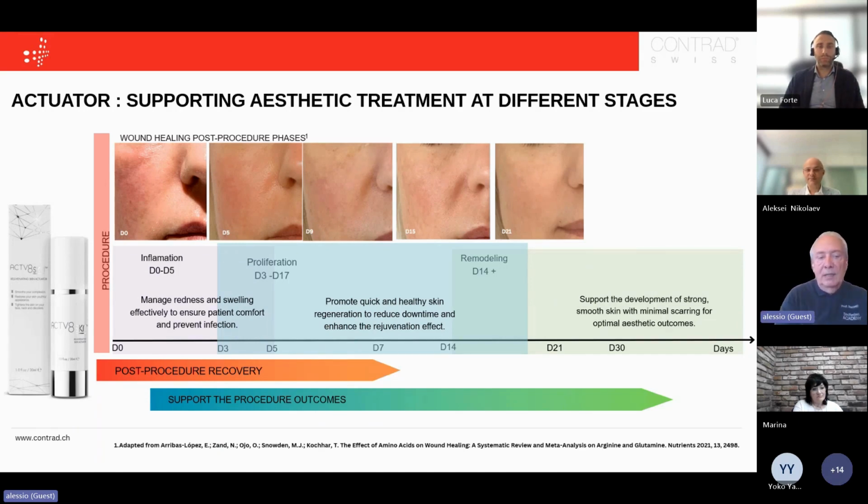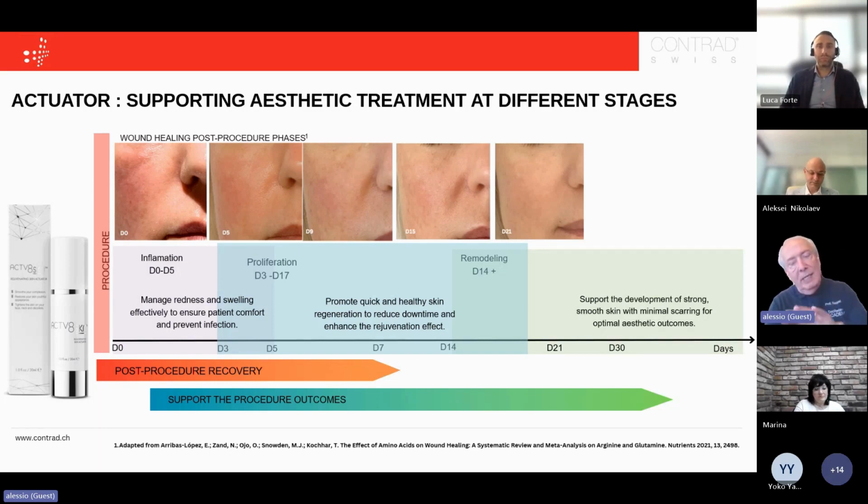And with Activate, we can improve and manage the redness and the swelling that is in the first and the second phase of inflammation, and then also support the proliferation and the remodeling phase after the laser.